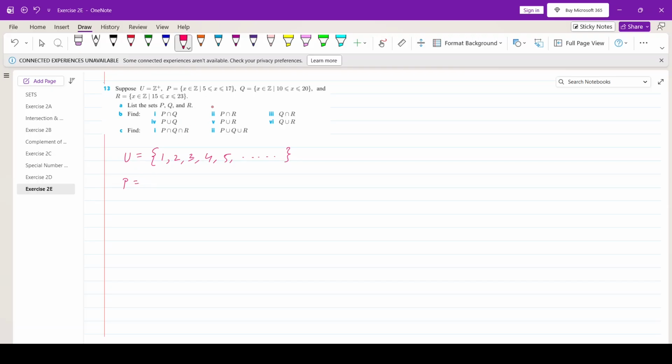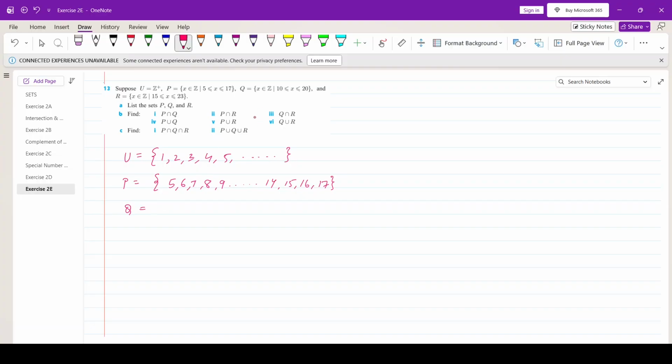P is a set of all x where x is an integer between 5 and 17, including both of them. So P is equal to a set of 5, 6, 7, 8, 9 and so on till 14, 15, 16 and 17.